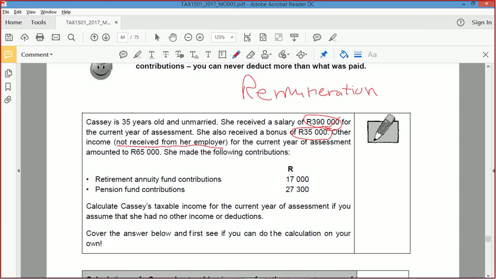For the current year of assessment, amounted to 65,000. Okay, she made the following contributions. Right, RA contributions 17,000. Pension fund contributions 27,300. Calculate Casey's taxable income for the current year of assessment if you assume she had no other income or deductions.